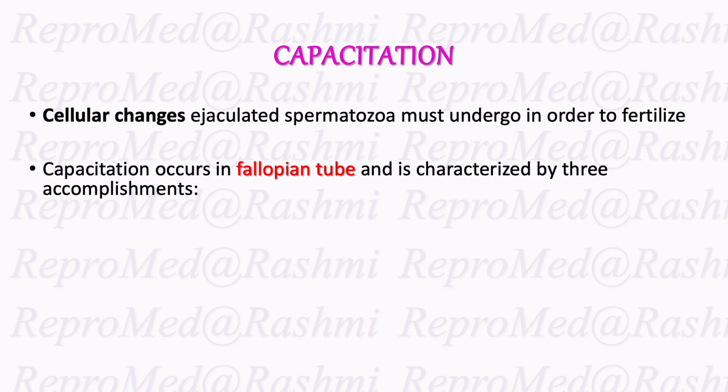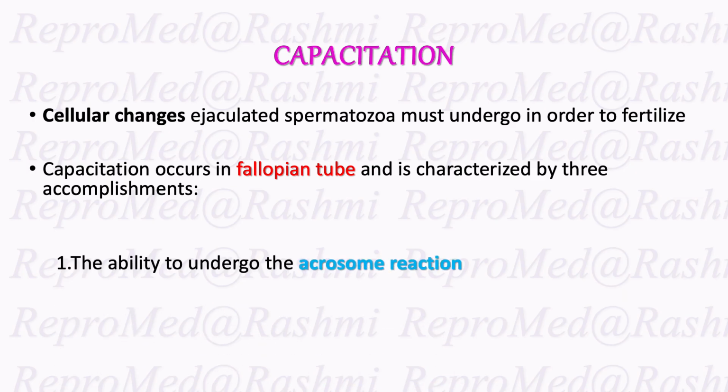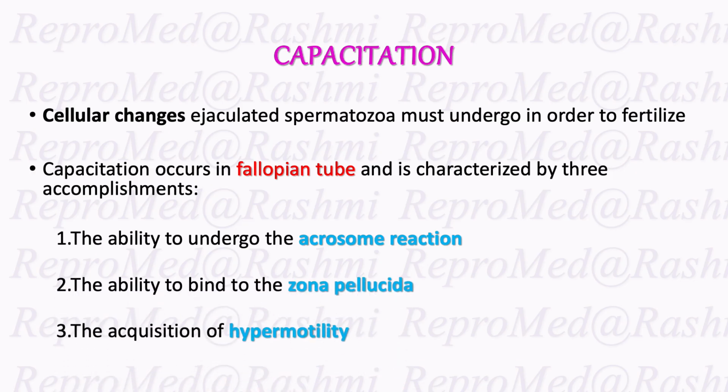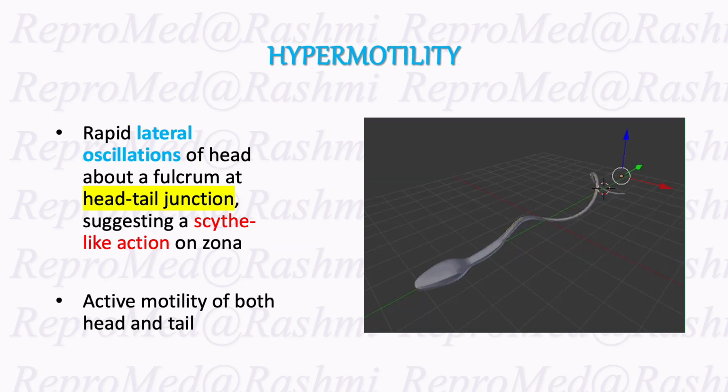This is a very important point. It is characterized by three accomplishments: first is the ability to undergo the acrosome reaction, the ability to bind to the zona pellucida, and the acquisition of hypermotility.